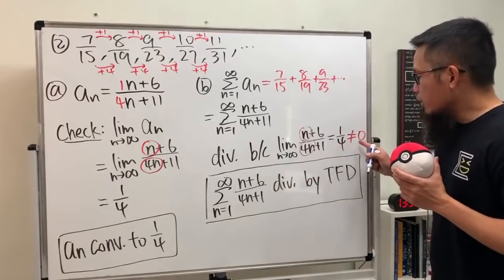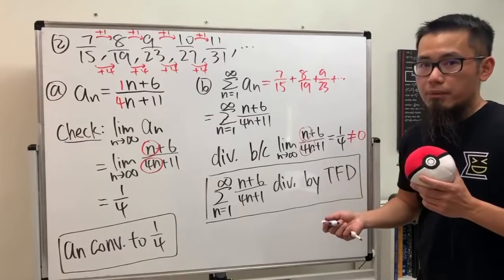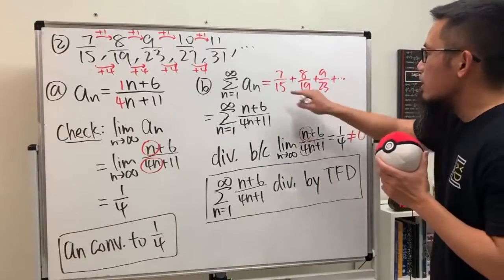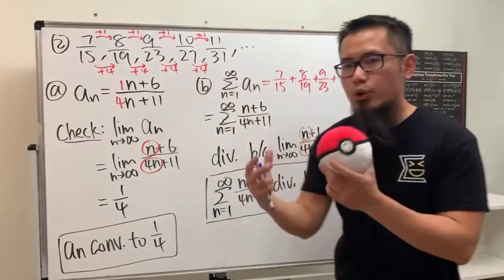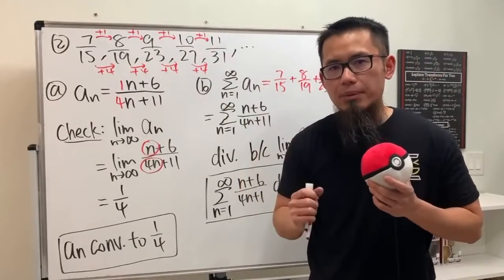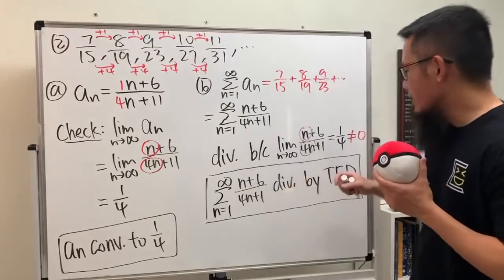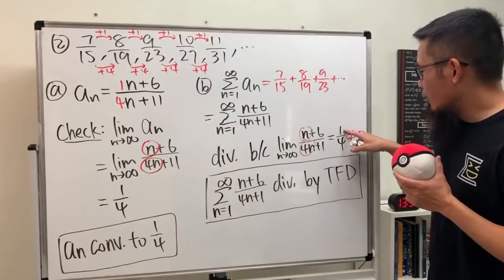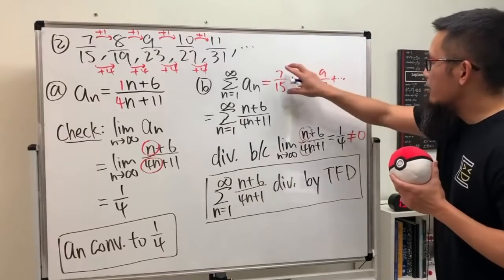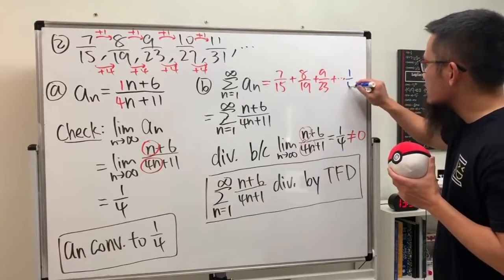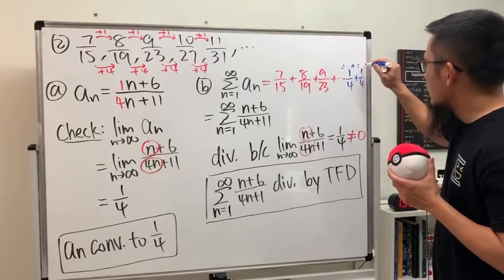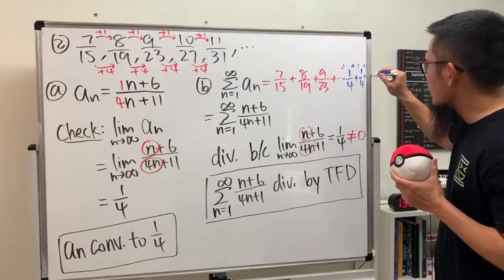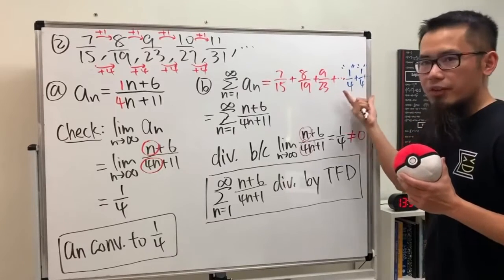When the limit is not equal to 0, this diverges right away. Here's the idea. Remember, this means that we are looking at all these numbers, and then we are going to add them up, and we have infinitely many terms. Well, the limit being 1/4 tells you that eventually we are going to add 1/4, 1/4, and so on, so on, infinitely many of them.